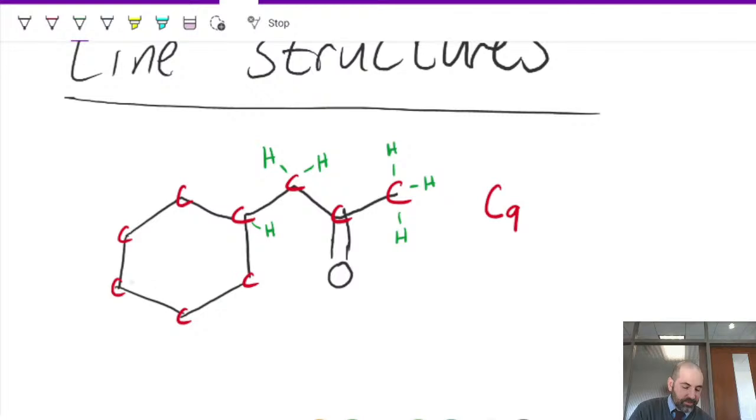All the rest around this ring have 2 connections, so that's 2 hydrogens for each of those, to bring the total count of bonds to each carbon up to 4. Counting them all up, we've got 2, 4, 6, 8, 10, 11, 13, and 3 is 16 total hydrogens. And then the last thing is the oxygen as part of the formula. So the formula of this molecule would be C9H16O.